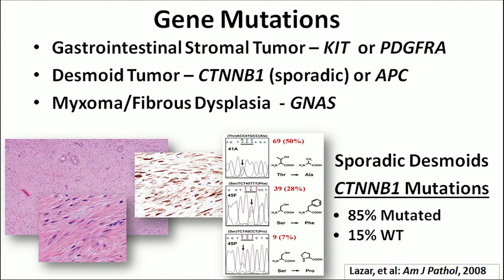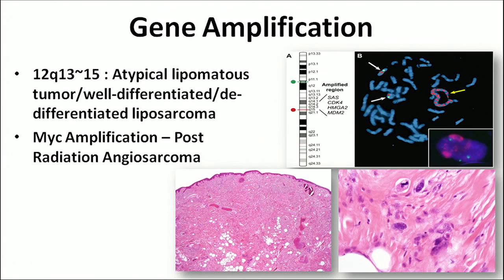So in addition to translocations, we can have gene mutations that are characteristic of sarcomas, such as the beta-catenin mutations in desmoid, or the GNAS1 mutations in myxomas or fibrous dysplasia, not technically sarcomas, but bone and soft tissue tumors.